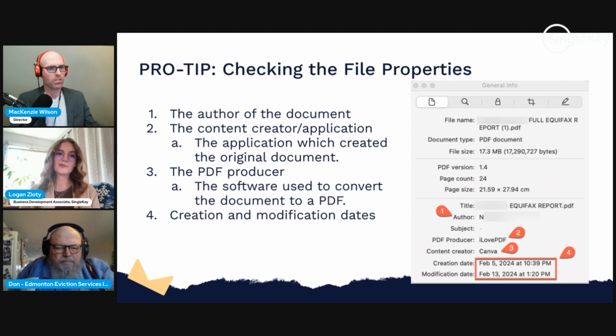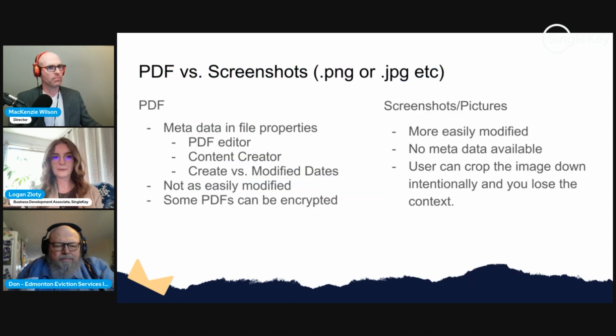And I think probably just to highlight with the PDF producer and the content creator, if you're downloading it directly from Equifax or SingleKey, you would expect a similar corporate name there, instead of what Logan highlighted, these random PDF editing softwares or Canva and so on. So good information. And just wrapping back up to the PDFs, they're always preferred over screenshots, as screenshots are easily modified.